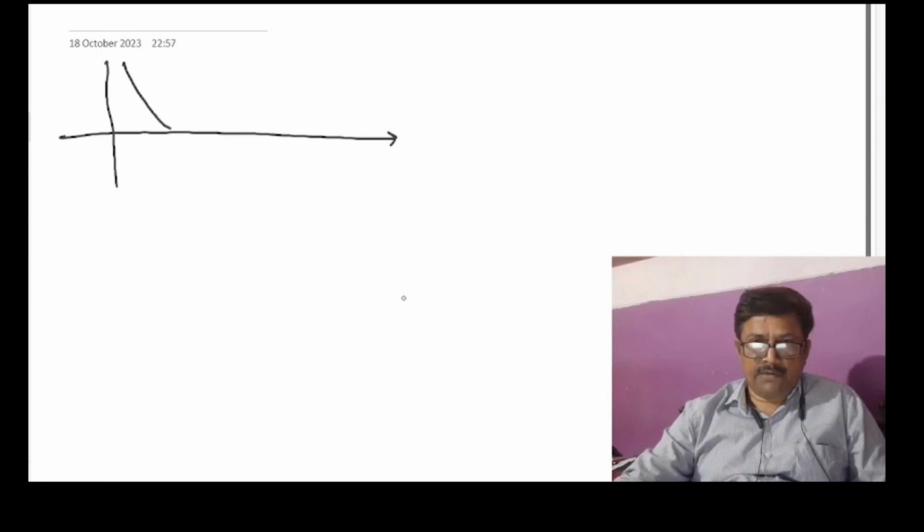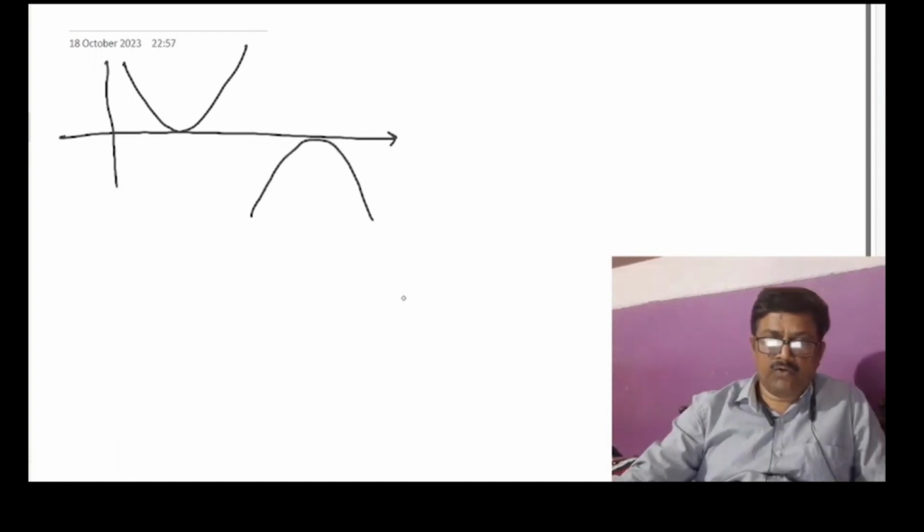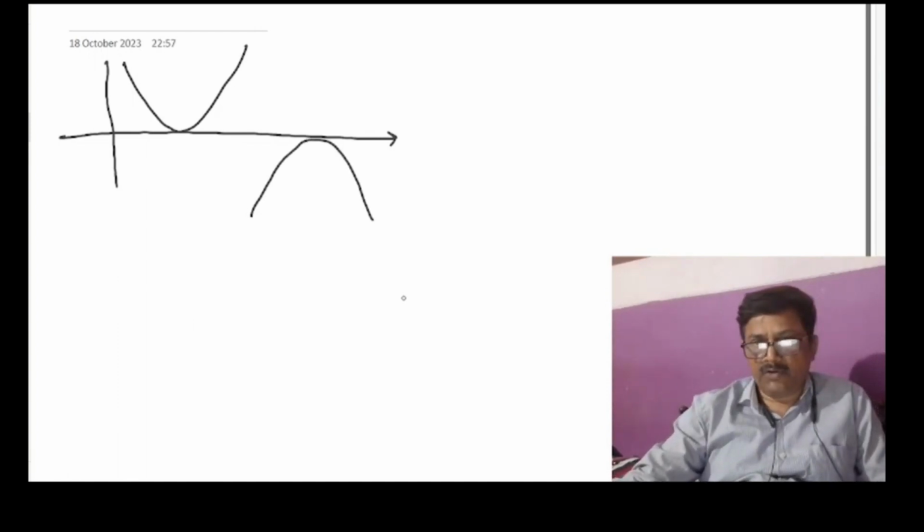The graph will be like this, opening upward or downward, because here we don't know about a. I am only discussing the discriminant. So the discriminant is 0, meaning two equal roots, which means only one real root. So for only one value of x, y will be 0. So the graph will cut the x-axis only at one point. Here y will be 0.